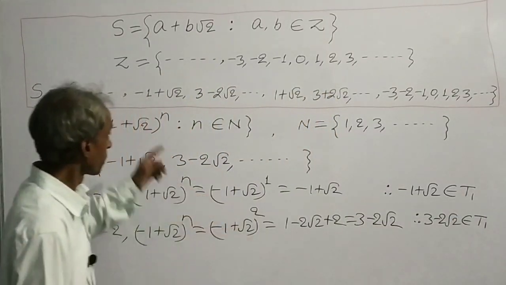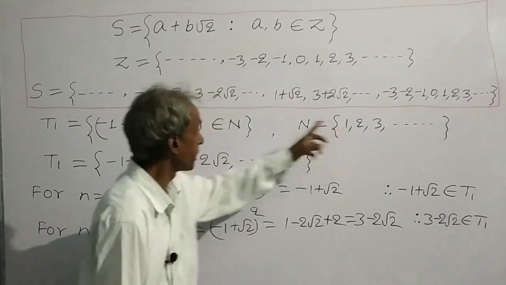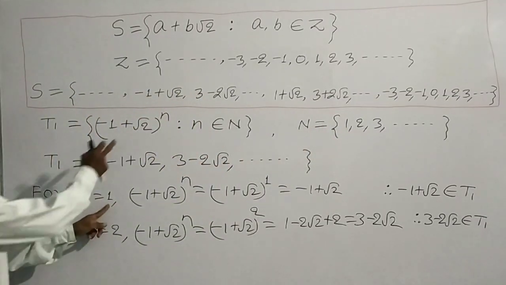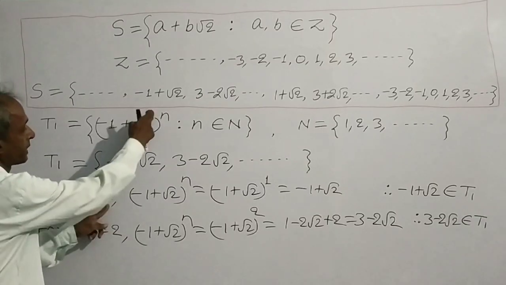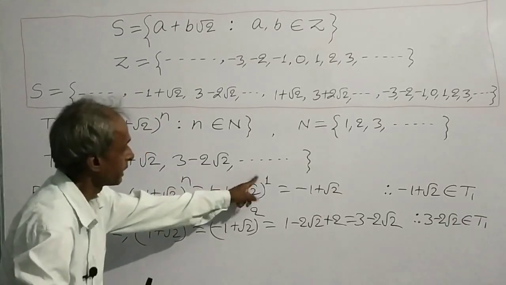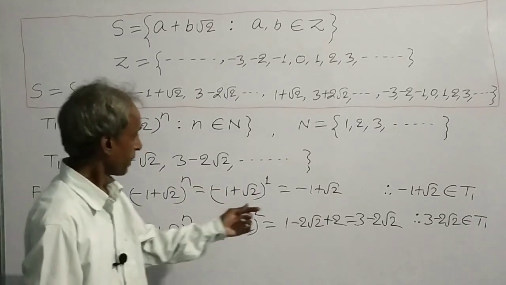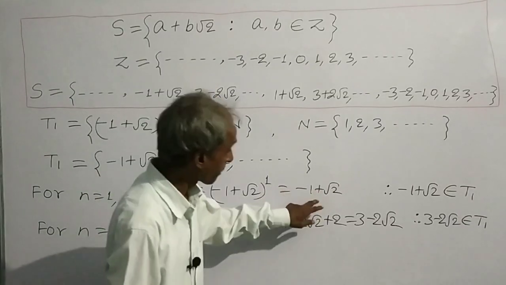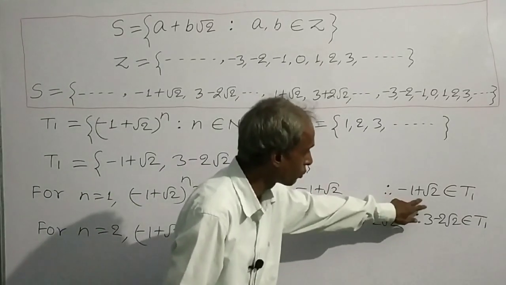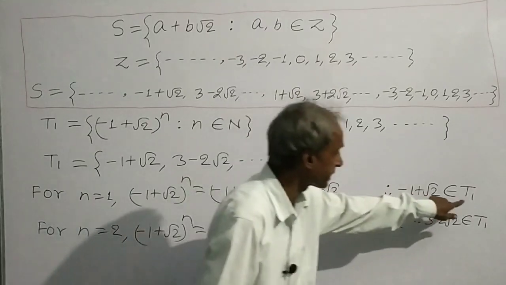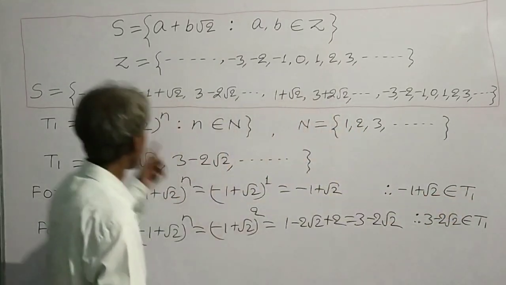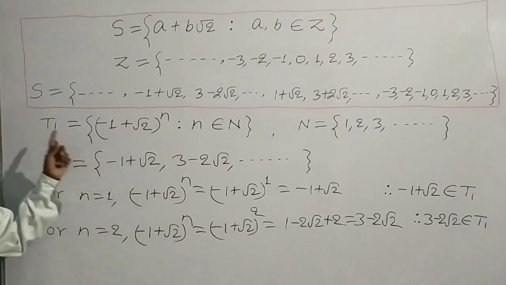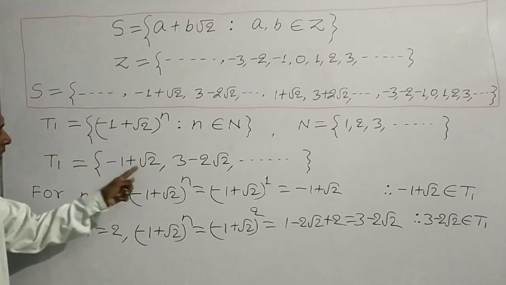When we put 1 in place of n, then the value of this will be equal to -1 plus root 2. Therefore, -1 plus root 2 will be present in this set T1.